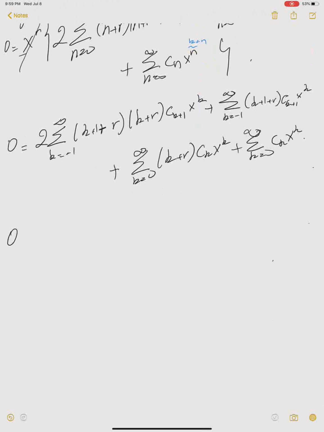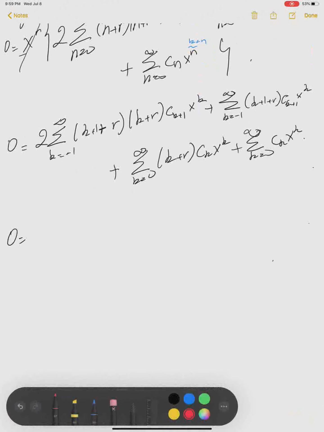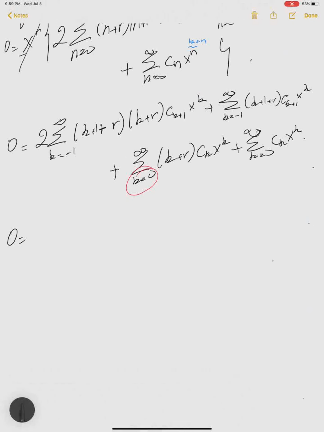Next, I find the largest starting index, which in this case is k equal to 0. And I start expanding the sum till I reach k equal to 0. So the first one is summation from minus 1 to infinity, which is the term for index minus 1, plus summation from 0 to infinity.